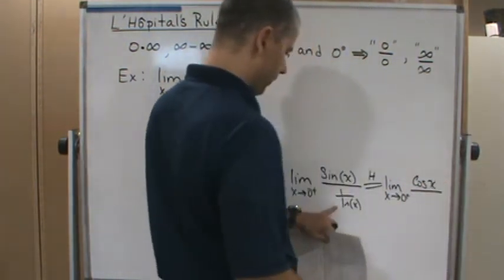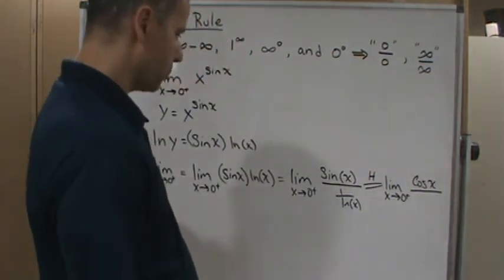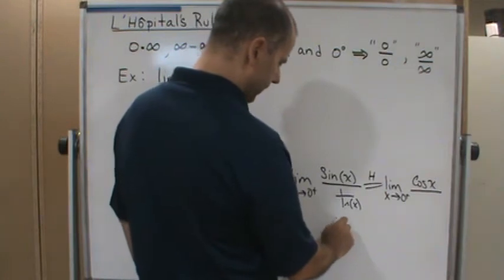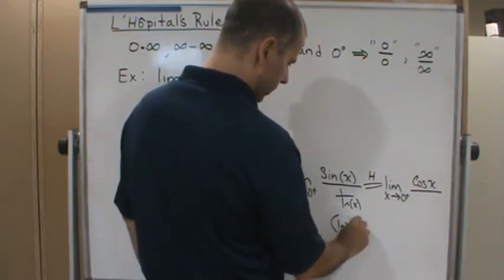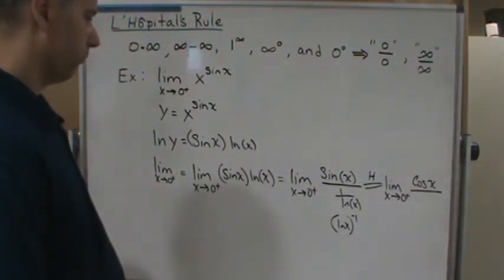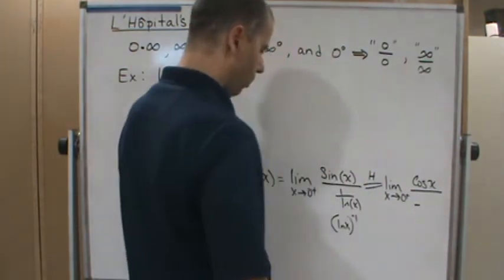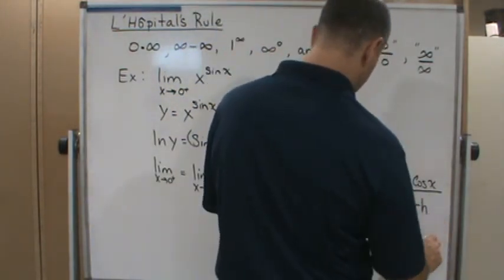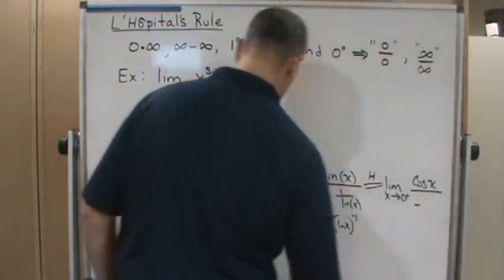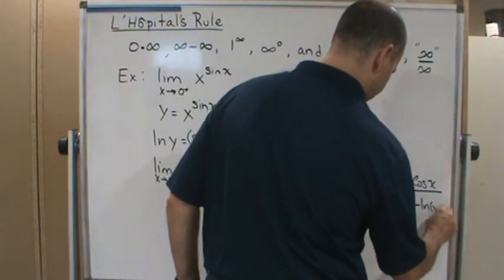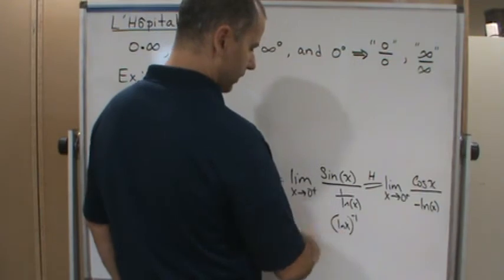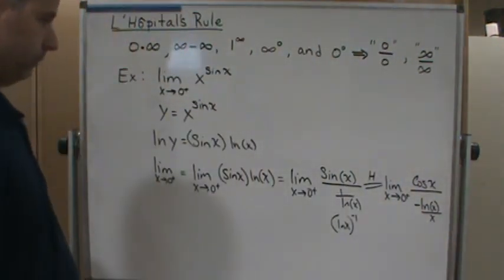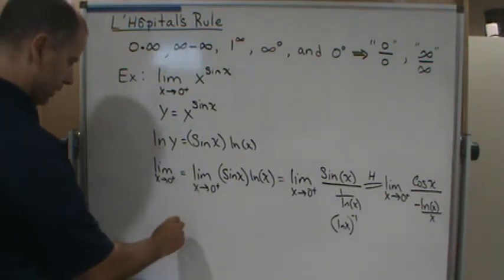The derivative of 1 over the natural log of x, again, I can write this as the natural log of x to the negative 1 power, which means I get negative 1, and I get the negative natural log of x squared times the derivative of the inside, which is 1 over x. Okay, now, what does that give me?